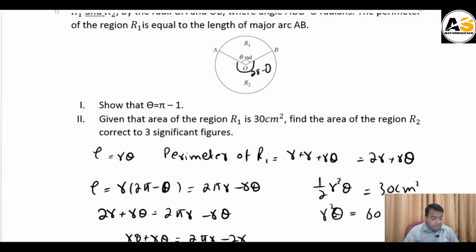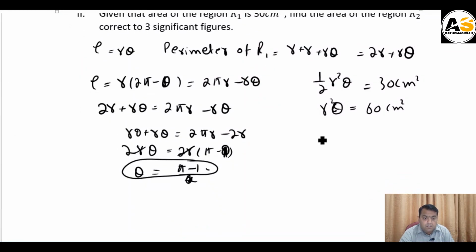So theta is pi minus 1. So R square into pi minus 1 is equal to 60 centimeter square. From here I will write R square is equal to 60 over pi minus 1.